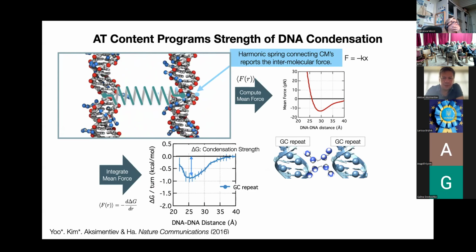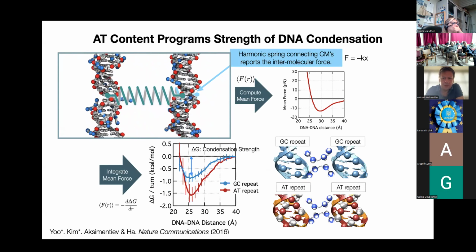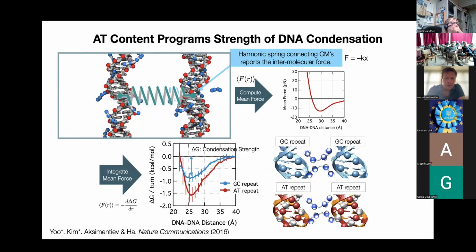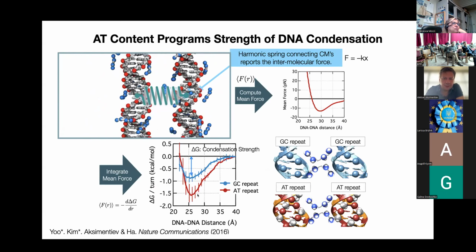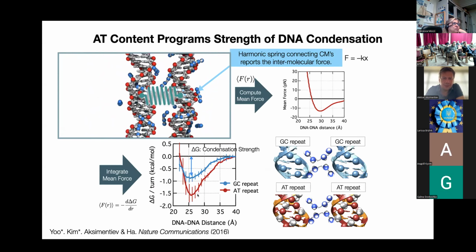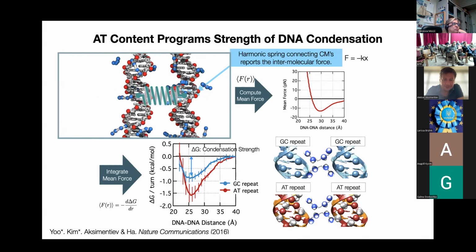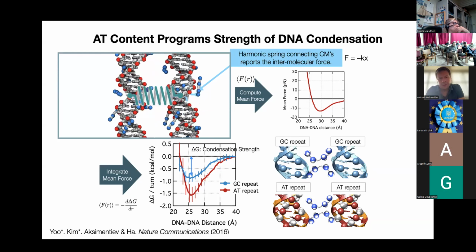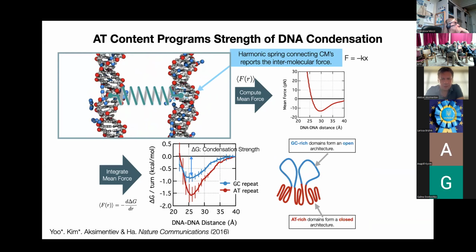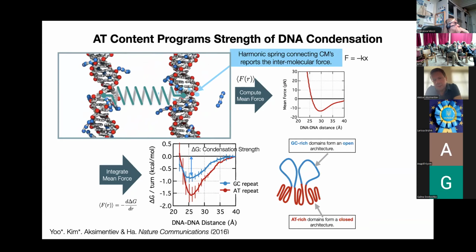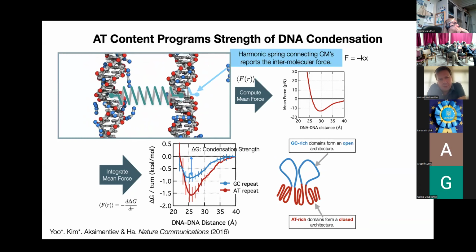And what was surprising was that when Jijun repeated those simulations for DNA made of C and G nucleotides and A and T nucleotides, he found that the AT nucleotides actually attract much stronger, which was kind of shocking. We didn't believe it at first, but then we looked closely and we couldn't find anything wrong with our simulations.